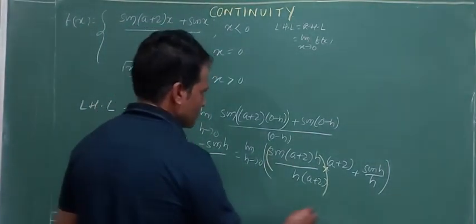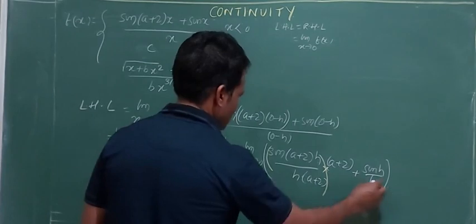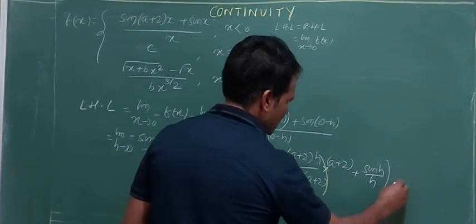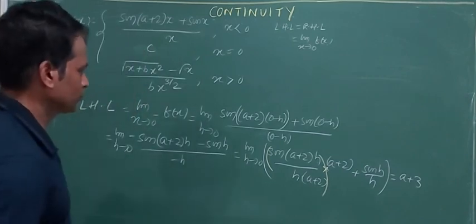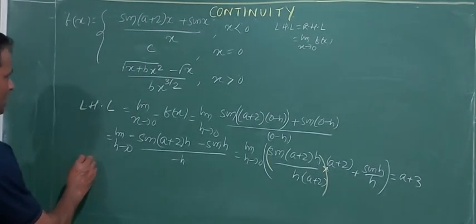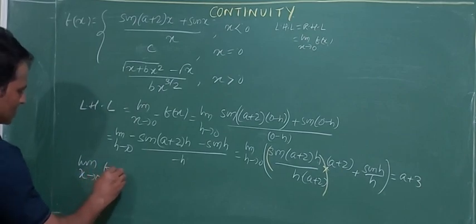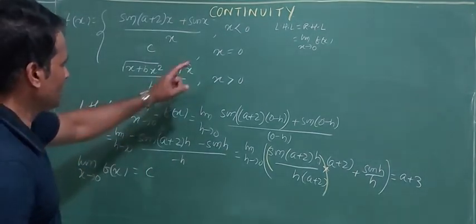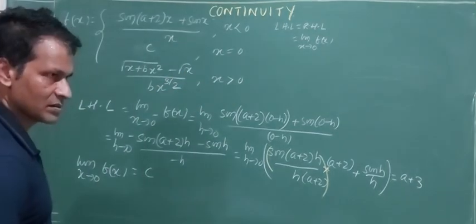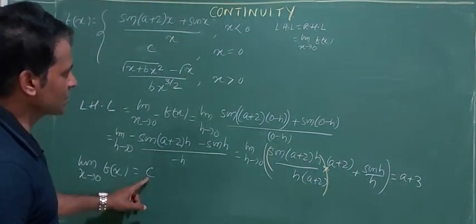That gives you now a, this is a plus 2, this is 1, a plus 3. So the LHL I got is a plus 3. At the point, the limit as x tends to 0 of f(x), at the point it is equal to c. So c is equal to a plus 3.